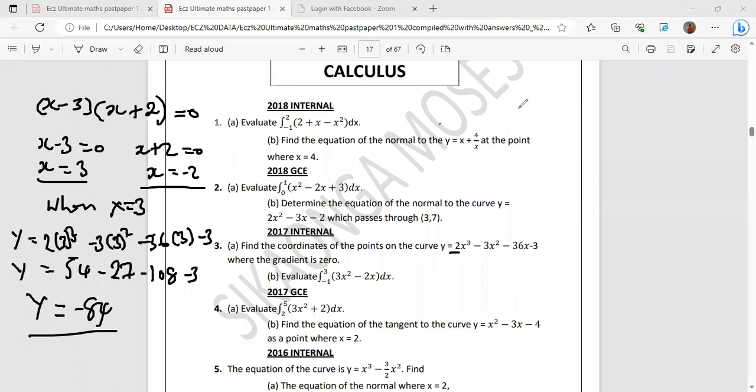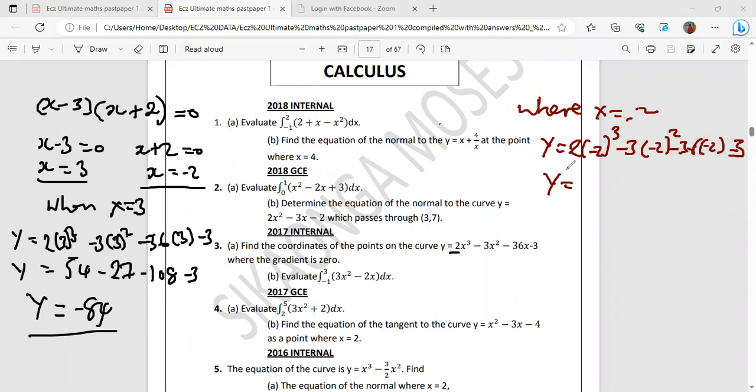Where x is equal to -2, y is going to be 2 times -2 cubed, minus 3 times -2 squared, minus 36 times -2, minus 3.